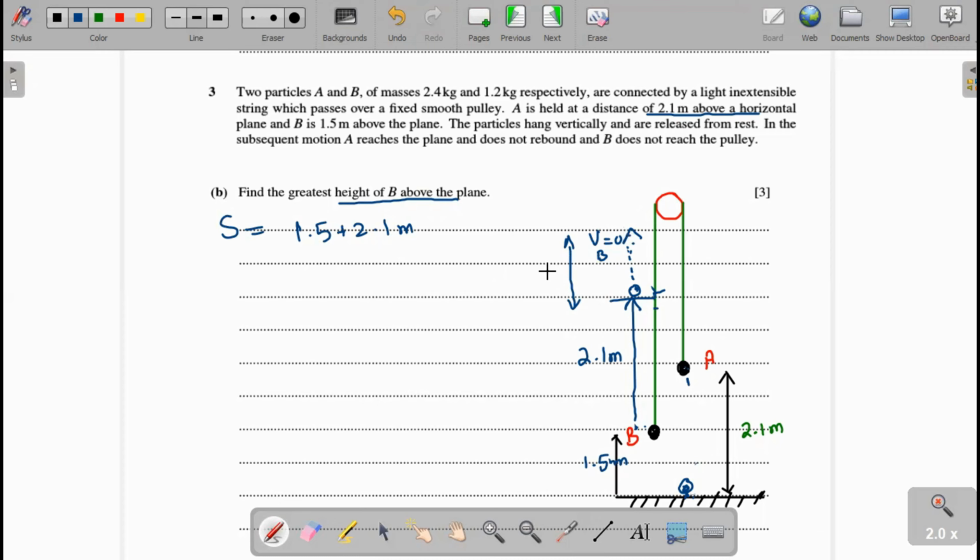Now we suppose that is equal to h. Now to find the value of h, the equation we use is 2as equals v squared minus u squared.